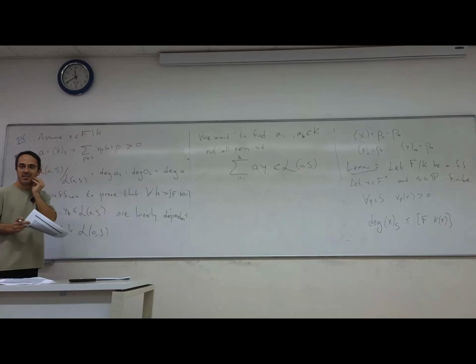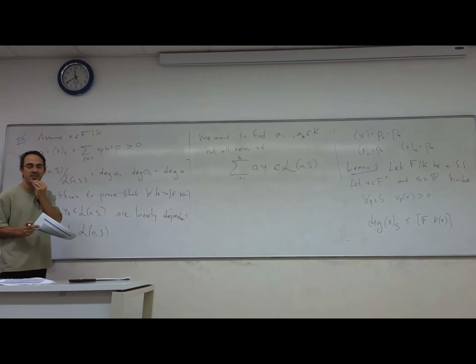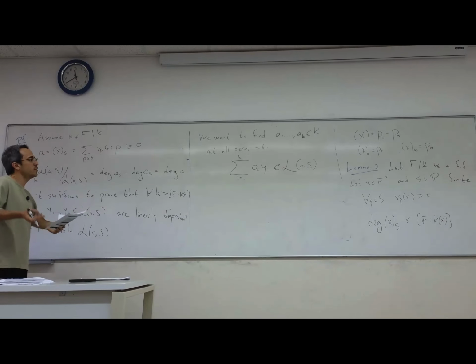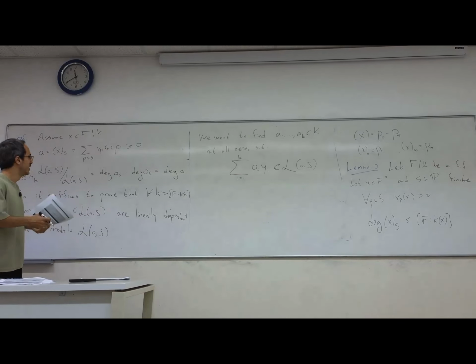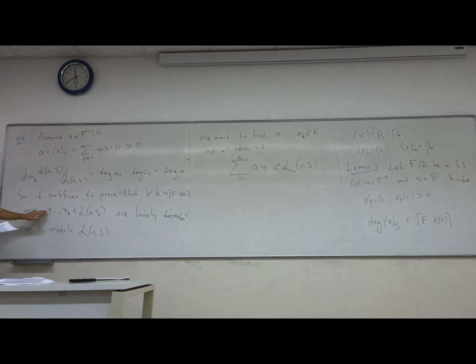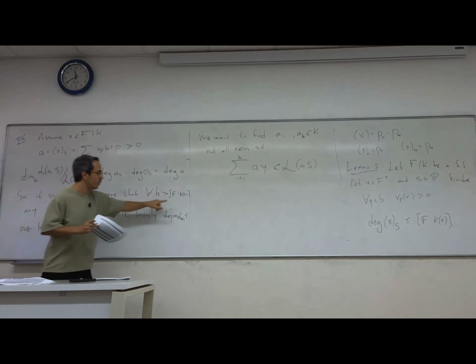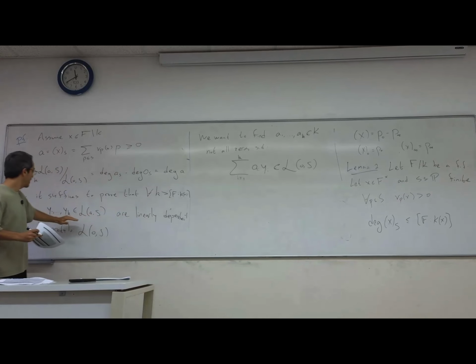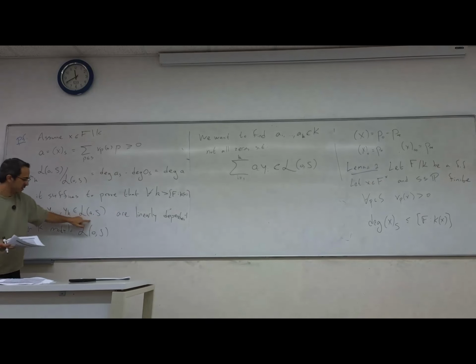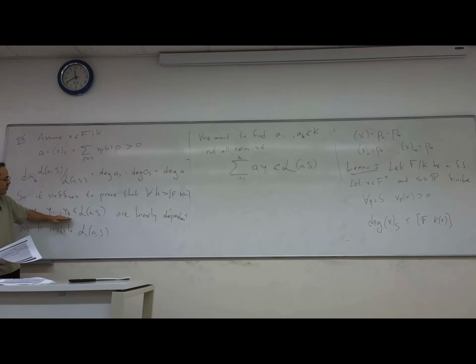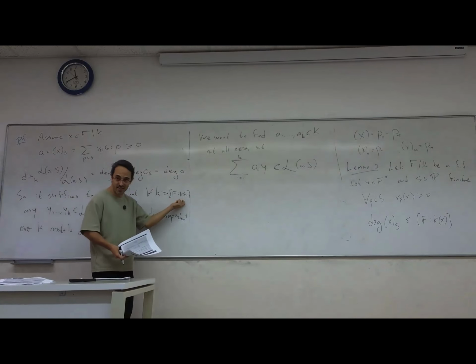Questions? It's a bit confusing. It's okay. So the question is, where can you find these ai's? All you know is that y1 up to yk must be linearly dependent over K(x), because they are coming from F. The field F contains all functions, so these functions are in F, and you know that they are linearly dependent over K(x).